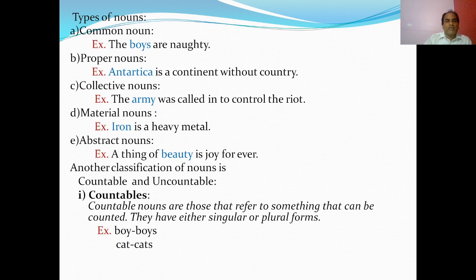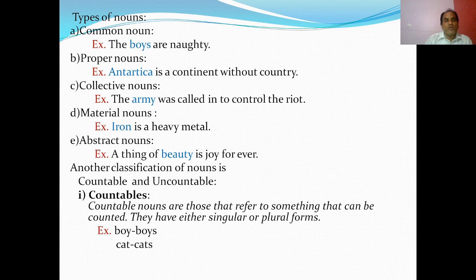Okay. So let us discuss the types of nouns. We know them but we have to remember, we have to practice. Common noun: the boys are naughty. Common noun because it refers to a race. Proper noun: Antarctica is a continent without a country.